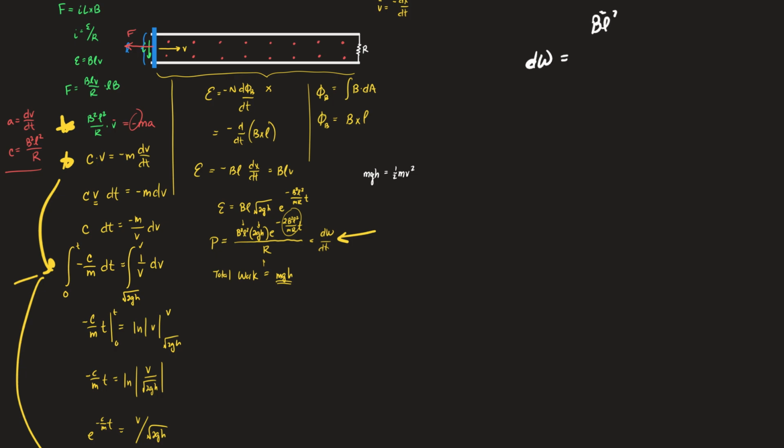We have B squared L squared times 2GH e to the minus 2 B squared L squared over MRT, all over R dt.